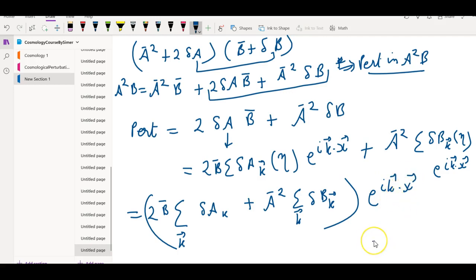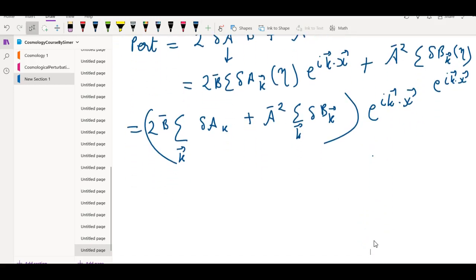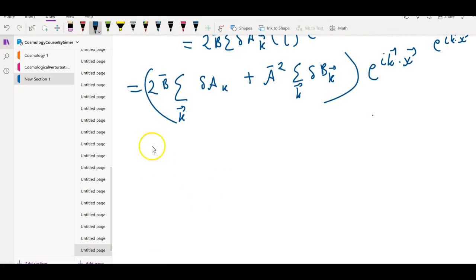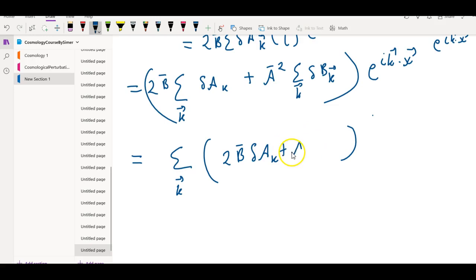In other words, I can write this as sum over all k of 2 b bar delta a k plus a bar square delta b k, times e to the power i k dot x.